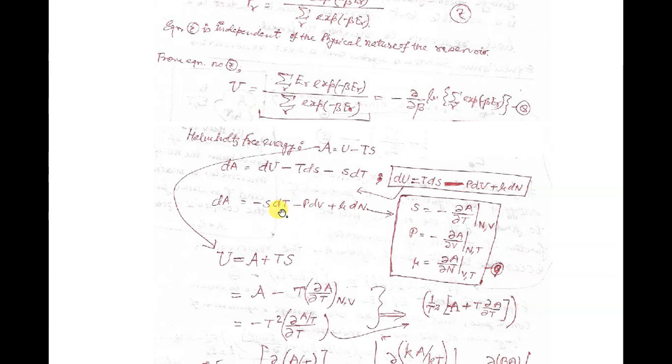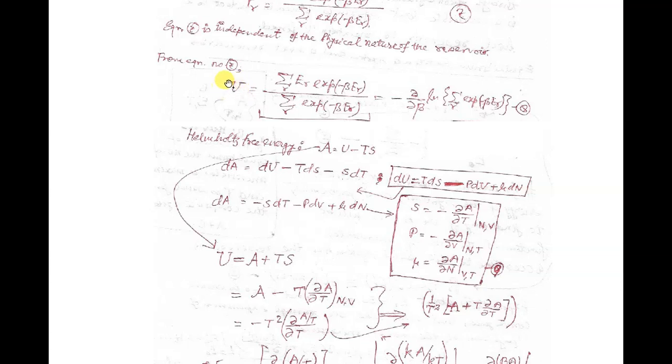So we have the energy of the reservoir, that is the ensemble average of the energy of the reservoir, which you can write like this. From equation number 7 you can calculate the average energy of your heat reservoir. So E_R times exponential of minus beta E_R, the energy value multiplied with the corresponding Boltzmann weight summed over all possible R, divided by the Boltzmann weight summed over all possible R. This is the average energy of your reservoir.